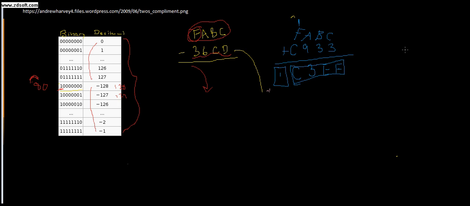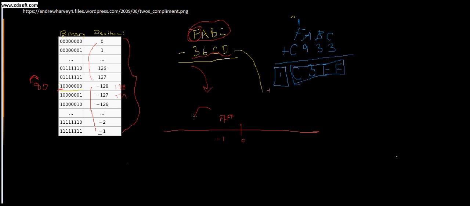So does it make sense that this answer could even be remotely correct? Well, FABC, when we think about that as a signed number, is not too negative, okay? So FFFF would be -1, so that's not very negative on a number line. If we considered a number line, -1 would be FFFF, this would be 0.